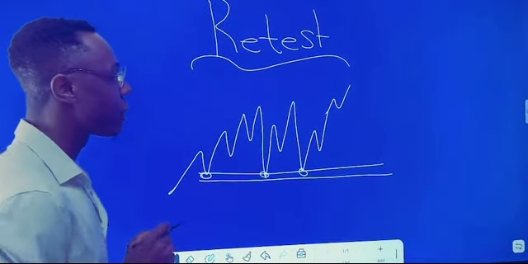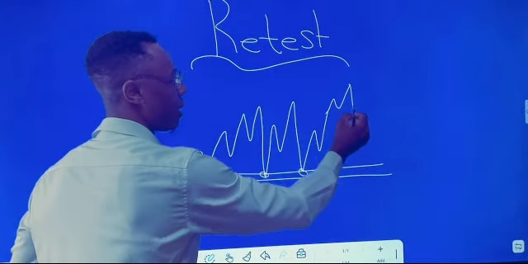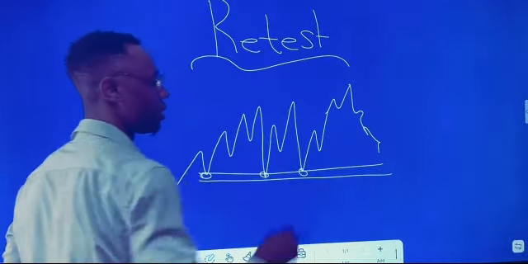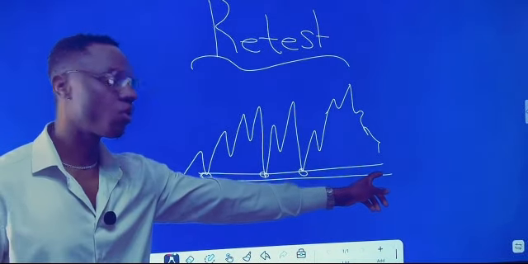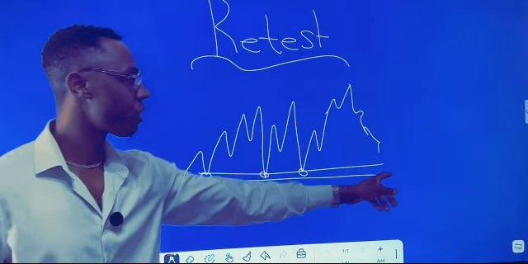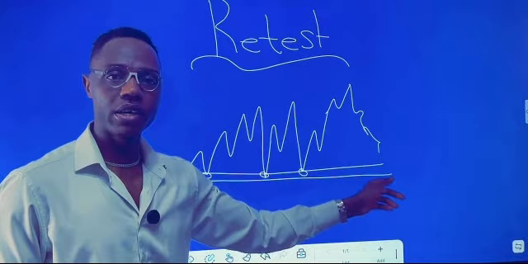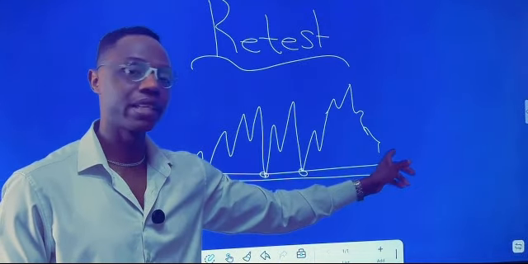Now if you are trading a support and resistance zone and the price is coming back to this zone, what do you expect? You are expecting the price to react towards this area, give you your entry confirmation, and enter for long.